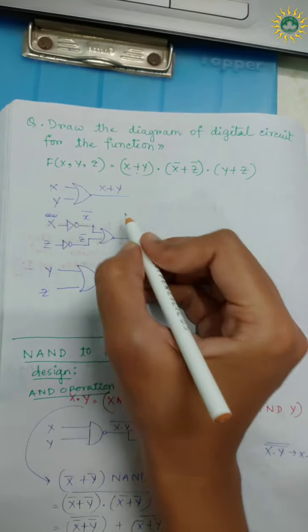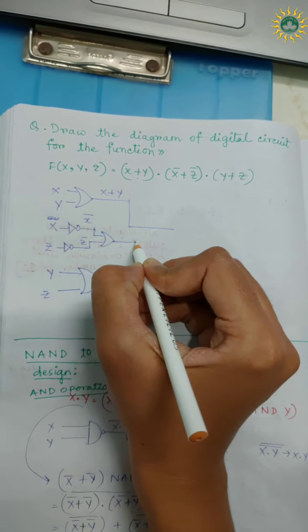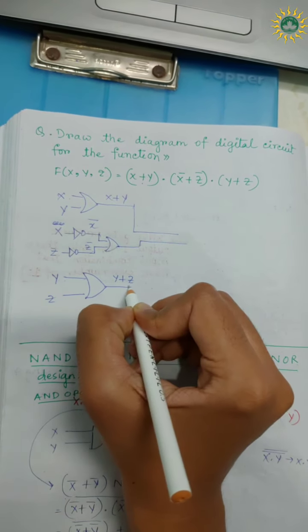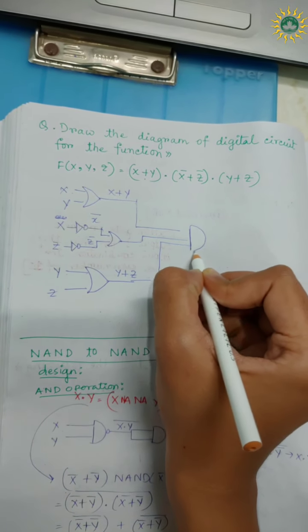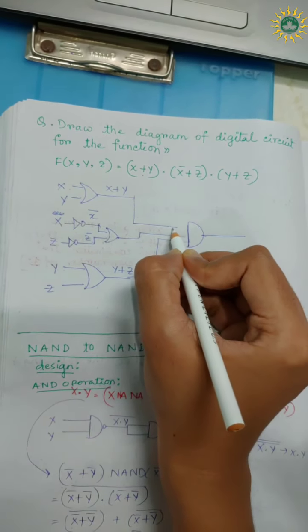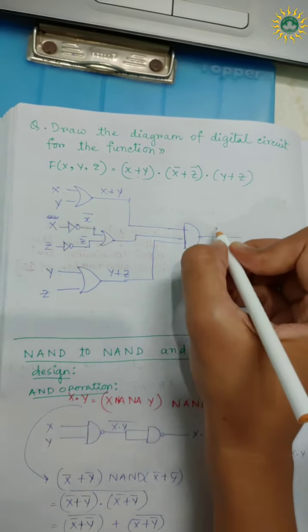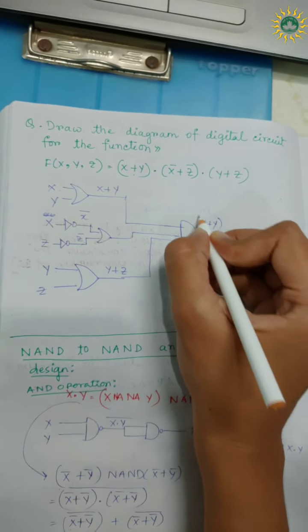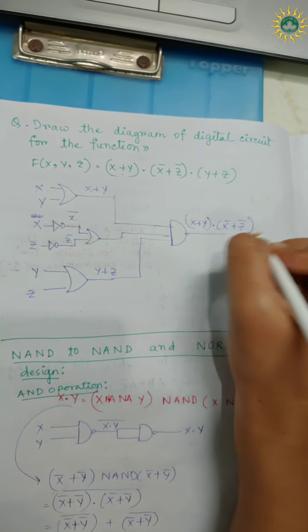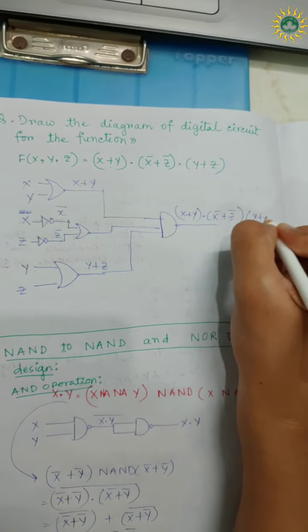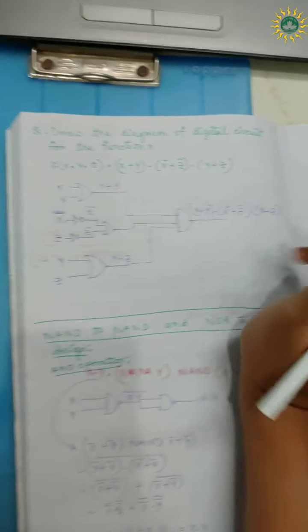After we have got all the outputs, we will pass it through one AND gate, which will give you x plus y, x bar plus z bar, y plus z, and it together.